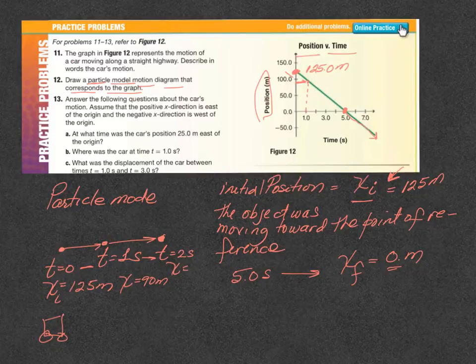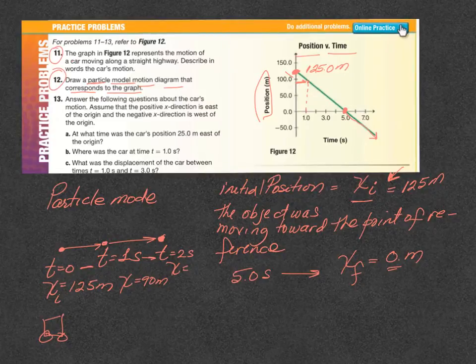Otherwise, you wouldn't have a line. That's a way that you can use to check that your answer is correct. If the position versus time graph is represented by a line, you're going to have constant intervals of displacement when you're using constant intervals of time. Okay, that was 12. So I answered this one.